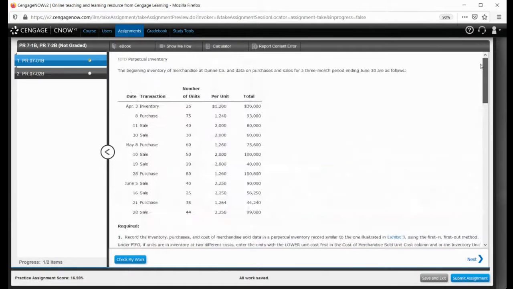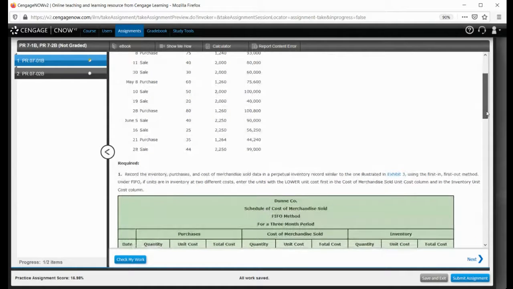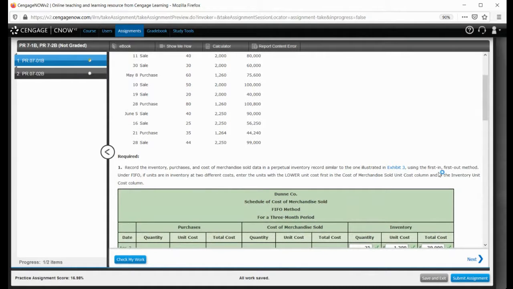In this particular problem, the inventory method that we are using is what we call the first in, first out method. And what happens with the first in, first out method is the first units that you buy are going to be the first units that you're going to sell.